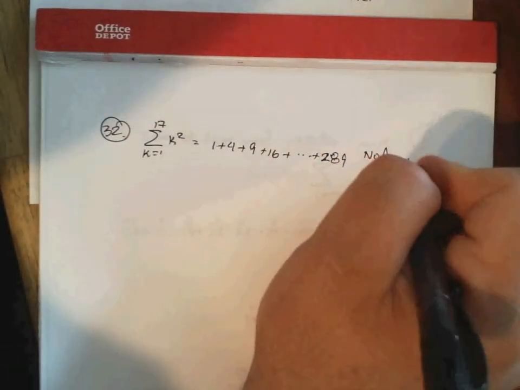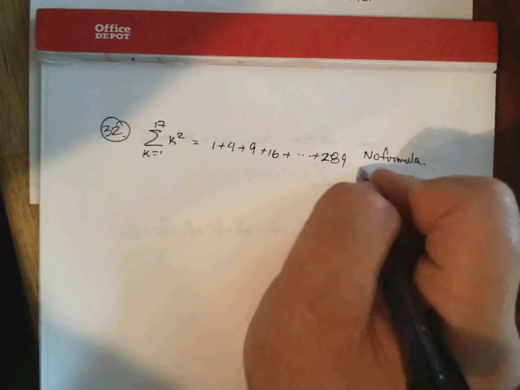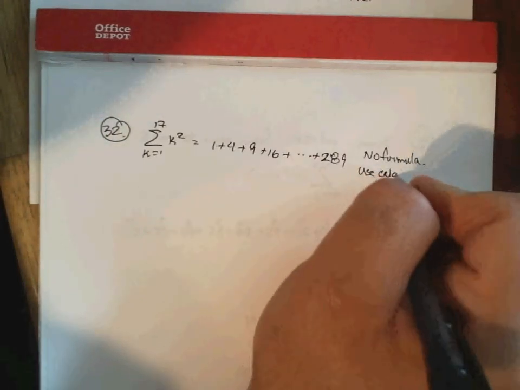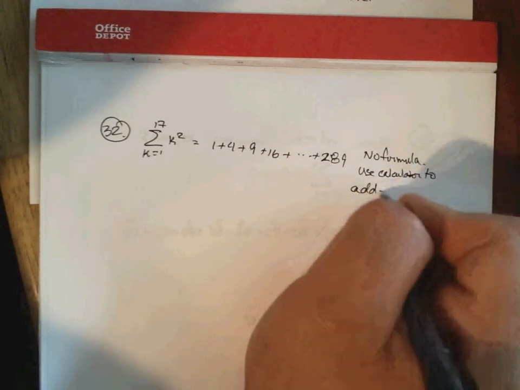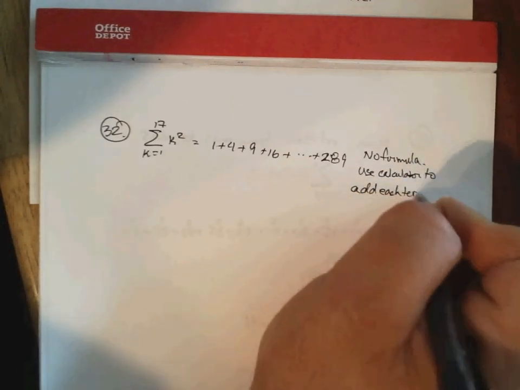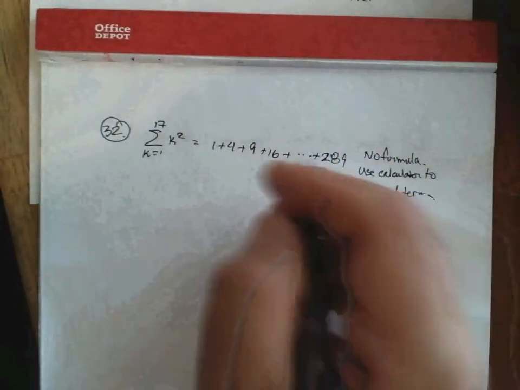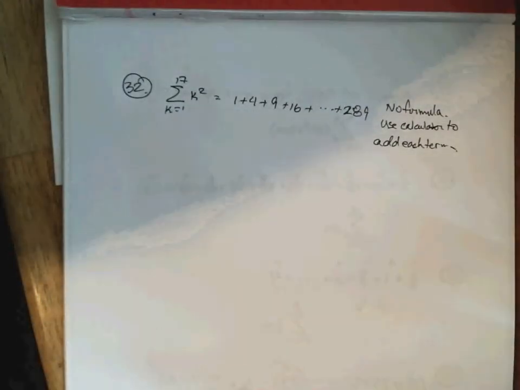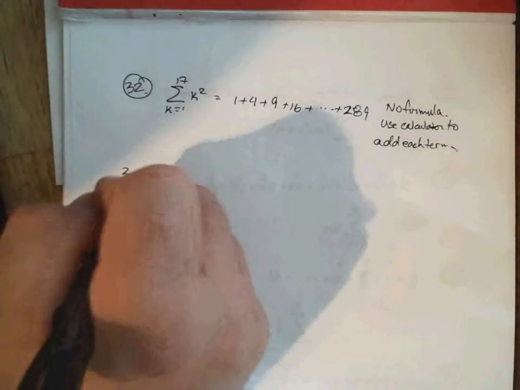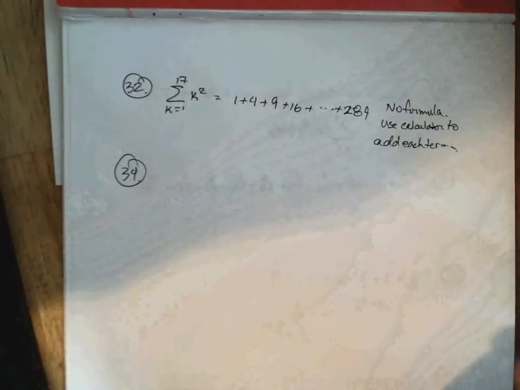And we have no formula for this. So that means you have to use your calculator. Okay. Just keep adding the terms until you get to 289. Okay. So a very boring problem, and really only illustrates the fact that if you don't have a formula, you're out of luck. Okay. On number 34.